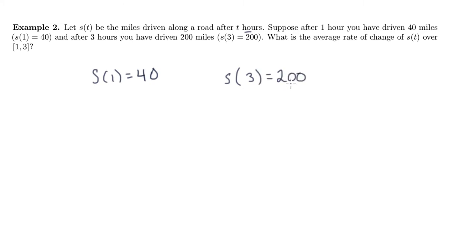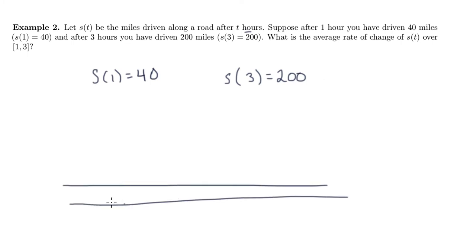Now I'm actually going to draw a picture to try to make this a little bit clearer. I'm not very great at drawing pictures, but from time to time it really helps, because this is a real situation. So let's say I start here. This is t equals 0, and I'm driving down the road, down the interstate, or down the highway, whatever you want to call it.